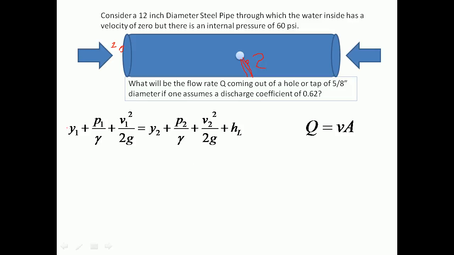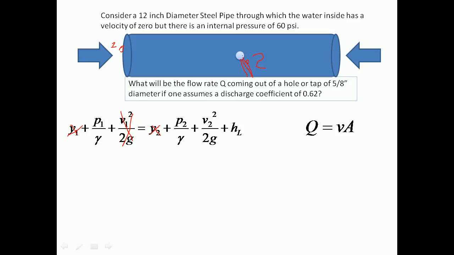Now you've determined your point 1 and point 2, and you can start right away after you write Bernoulli's equation. Because of the ratio of the diameters here, 12 inches to 5/8 inch, the velocity through the pipe is going to be pretty much nil, and so you can cross those out.